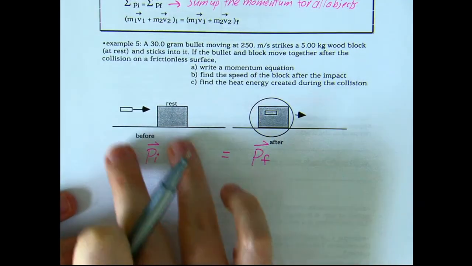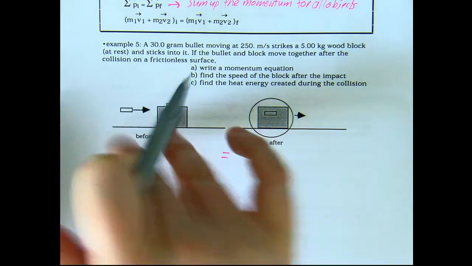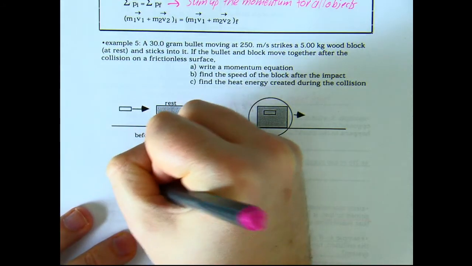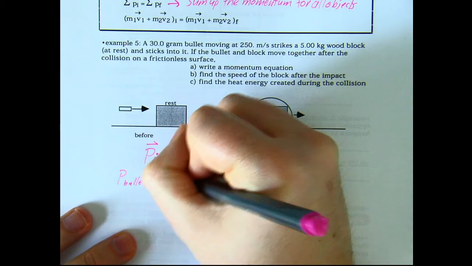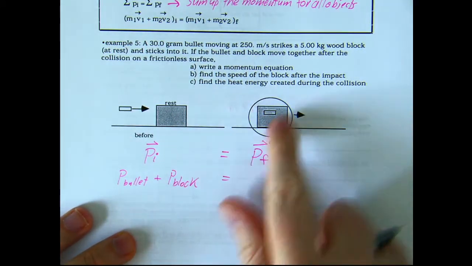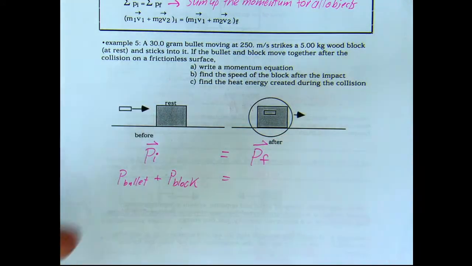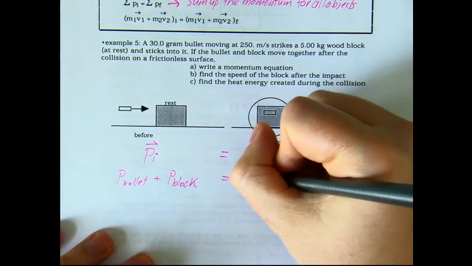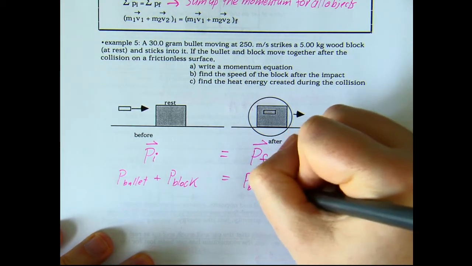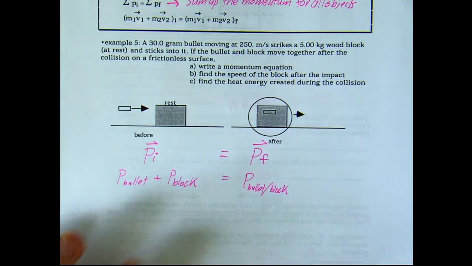At the beginning, I have two distinct objects: I've got my momentum for the bullet plus the momentum for the block. At the end, I can consider those things one object. I've got momentum for the new object, the bullet-block combination.